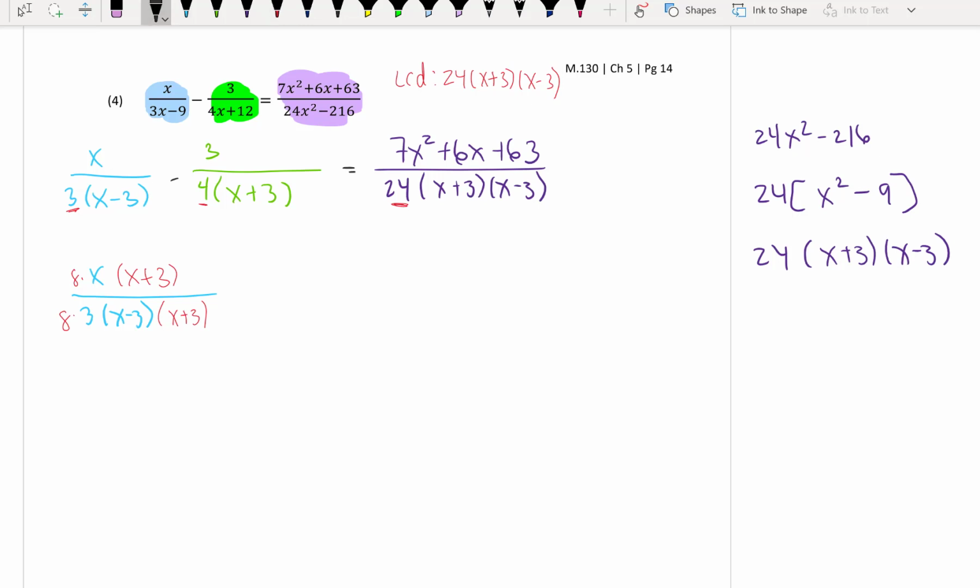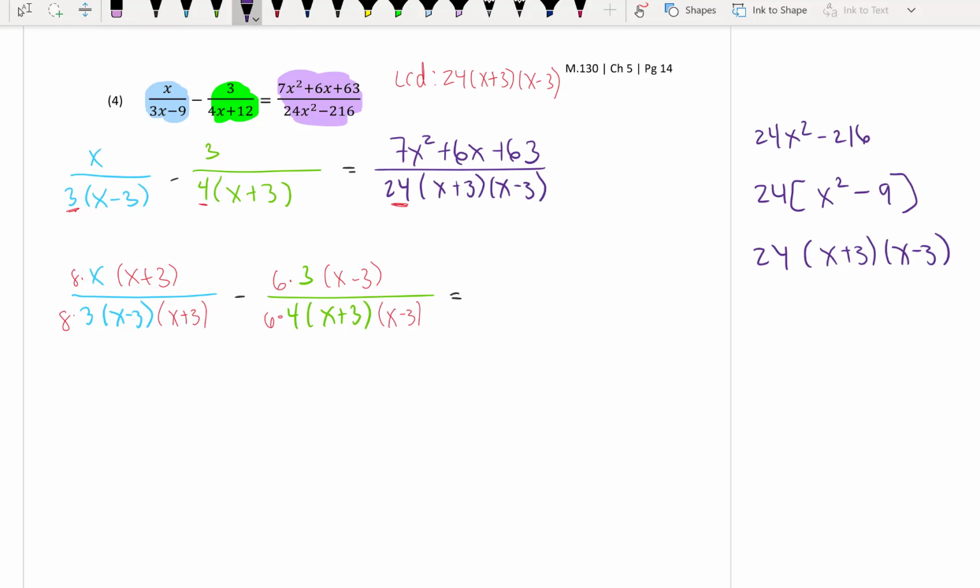Okay. Then I have my minus, and I'm going to have my green fraction. So 4 over x plus 3, and 3 in my numerator. What's missing here? If I have 24 divided by 4, that's going to be a 6 that I need to multiply by. And I'm also missing the x minus 3 as well.